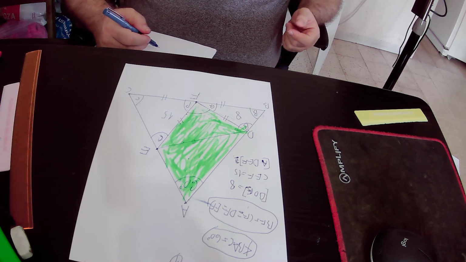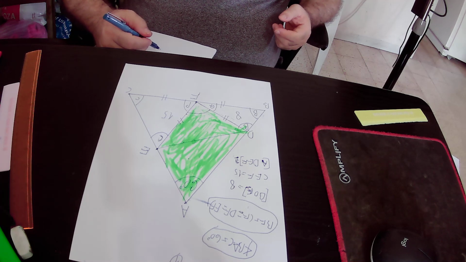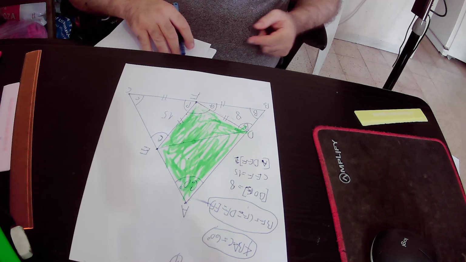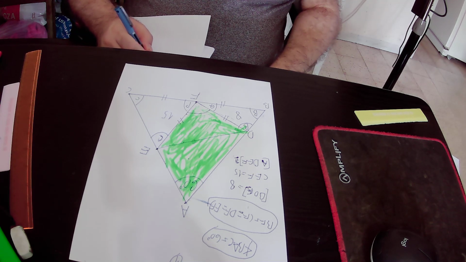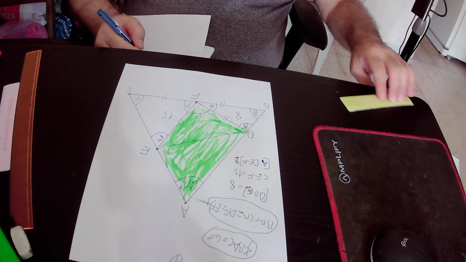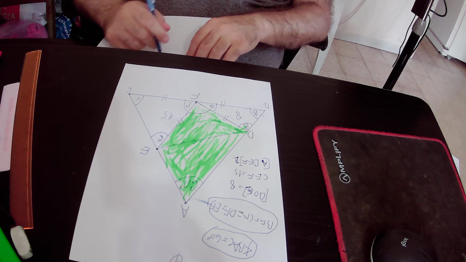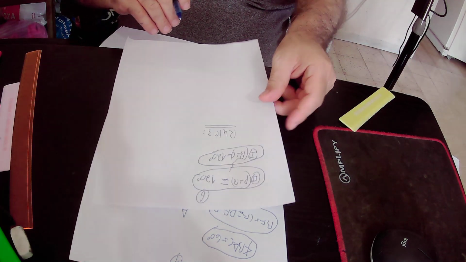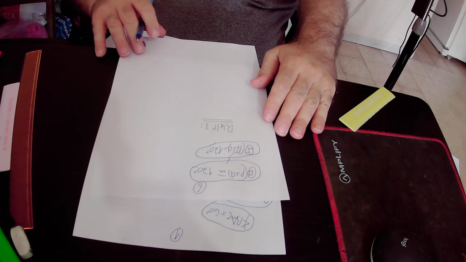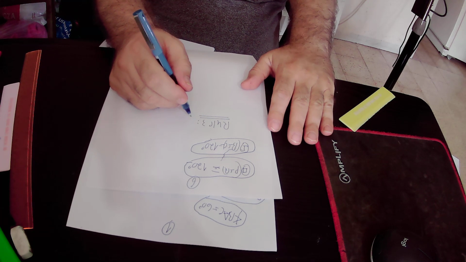We will find out the size of this angle by using the third law. So rule number 3 states that the sum of the angles on a straight line is equal to 180 degrees. So I write it down.